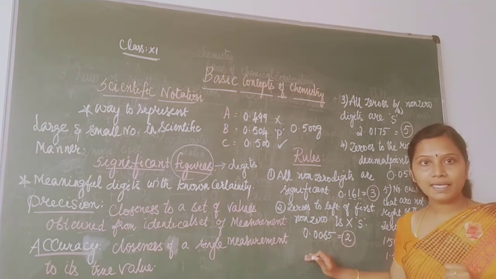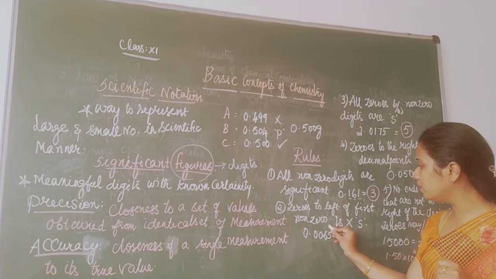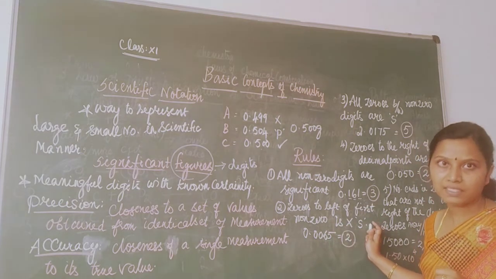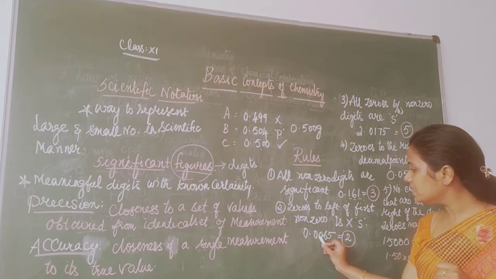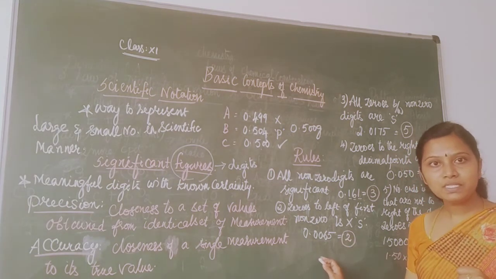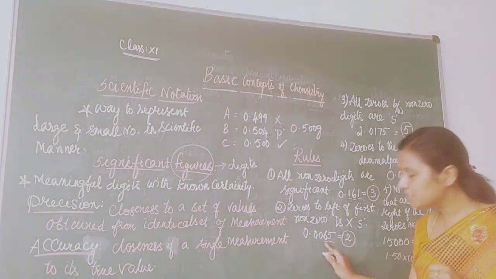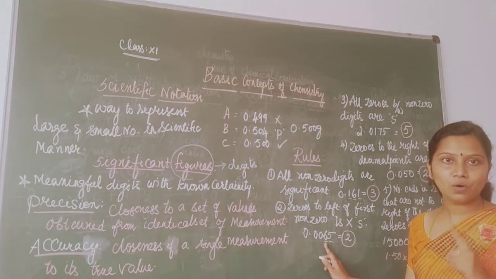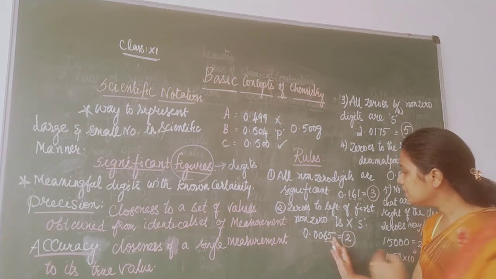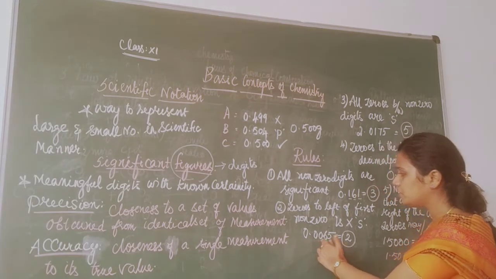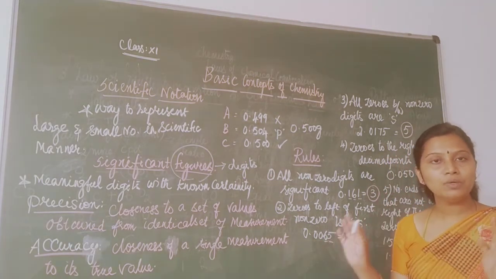Now moving to the second rule: zeros to the left of the first non-zero digit are not significant. Now coming to the example, I have the term 0.0065. Which is the non-zero here? 6 is non-zero, 5 is non-zero. Which is the first non-zero digit? 6 is the first non-zero digit. So the zeros present to the left of the first non-zero digit are not significant. No need to consider them.